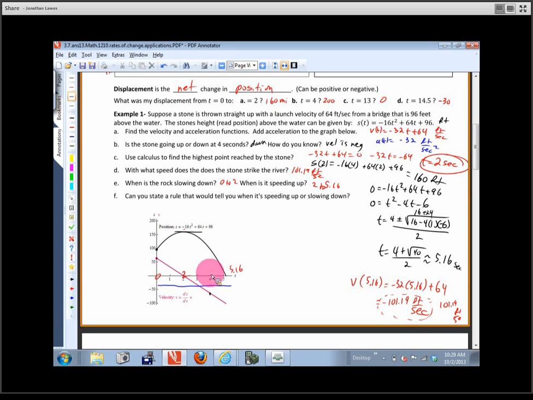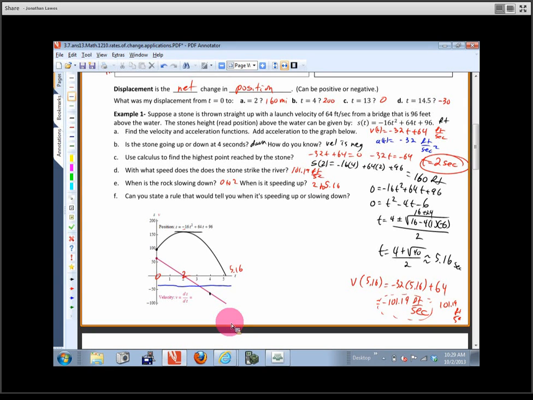Any ideas? Maddie? Yep, it does. That's exactly what it has to do with. So Maddie says, does it have something to do with when the velocity function is positive and when it's negative? Yes, it does. But it depends on when the velocity is positive and negative, and one other thing. When the acceleration is positive and negative.